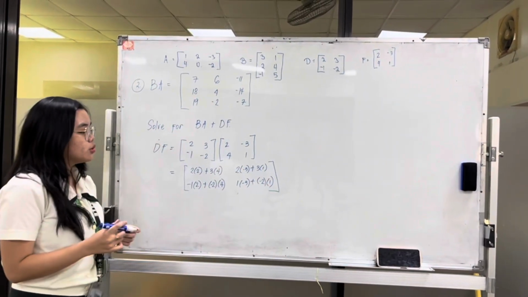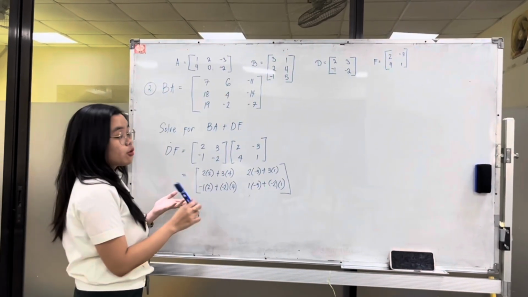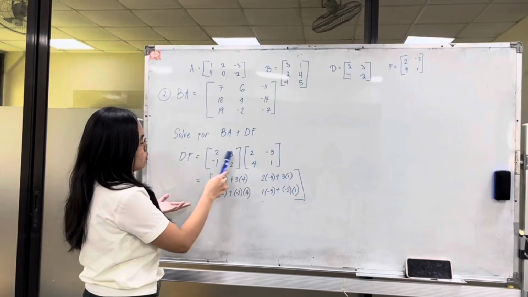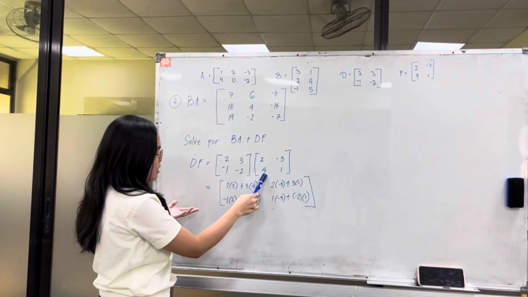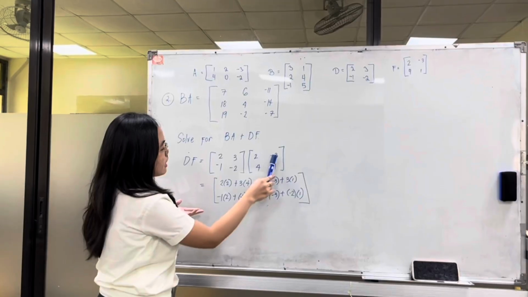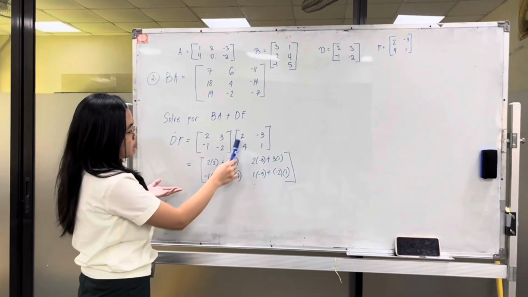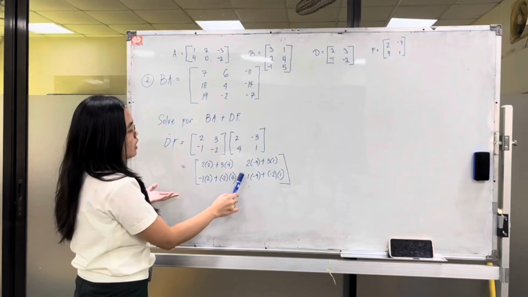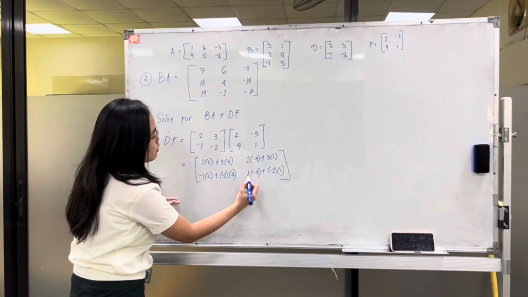Okay, so double check if you got the correct values. 2 times 2, 3 times 4, 2 times negative 3, 3 times 1. Next, negative 1 times 2, negative 2 times 4, and negative 1 times. Okay, so I got the wrong value here.